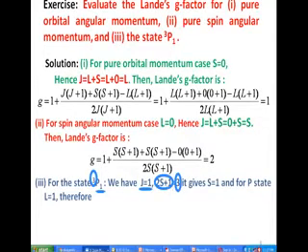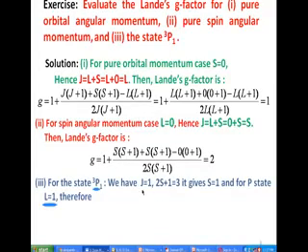On solving this, you will get S equal to 1. As it is in the P state, for the P state, the value of L is equal to 1. If we have S state, L is 0. If we have P state, L is equal to 1. For D state, L is equal to 2.